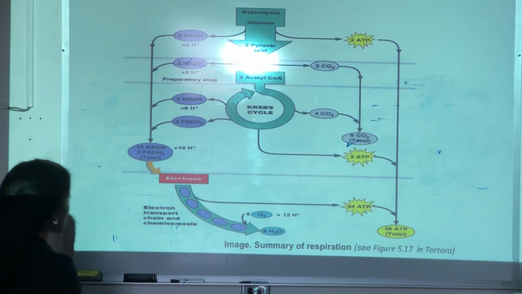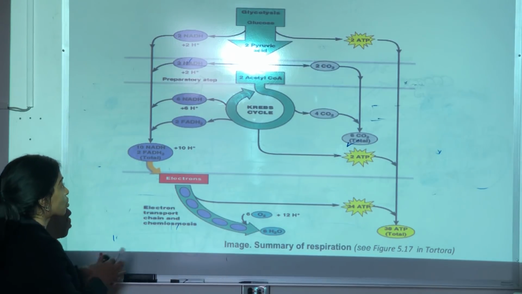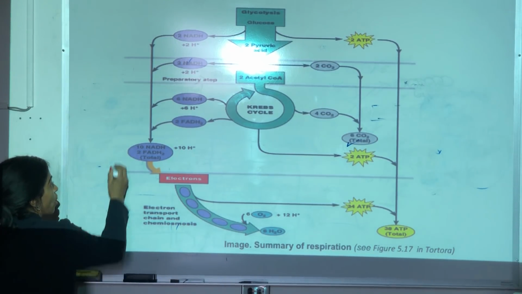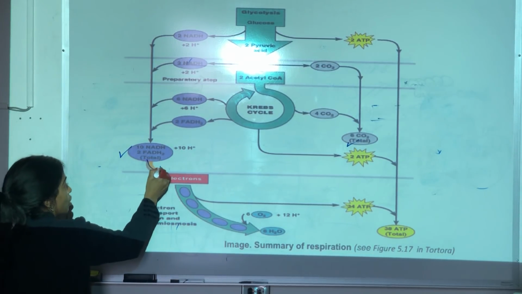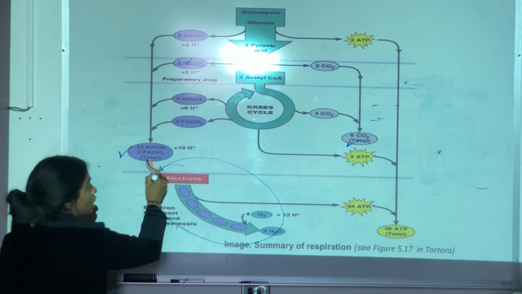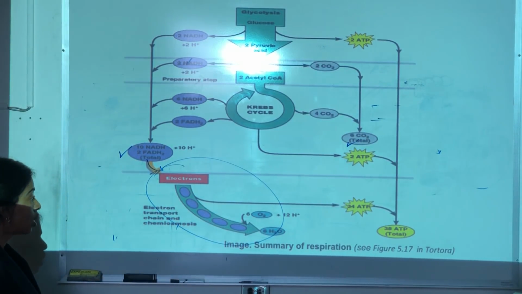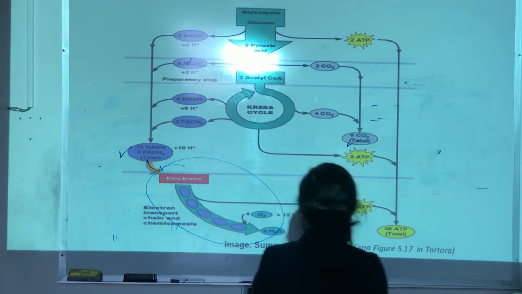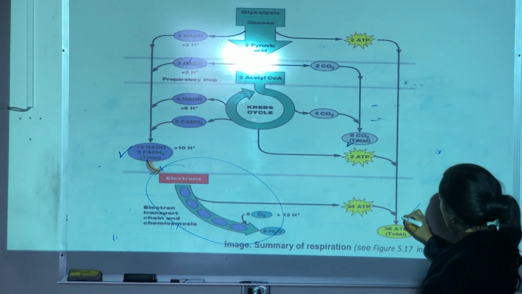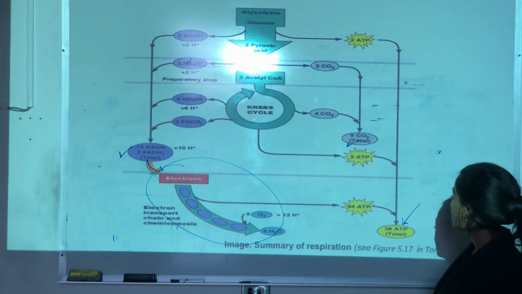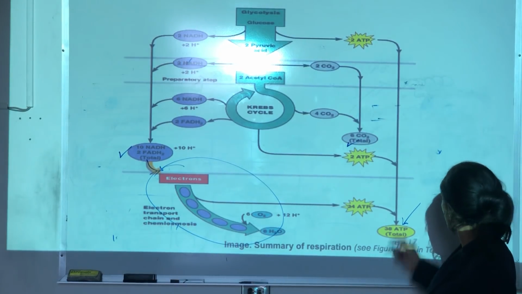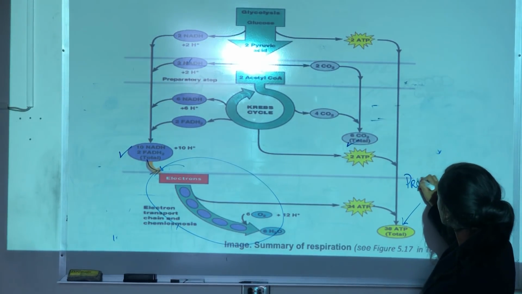Okay, so this is our summary, and you see it here again, right? I told you 10 NADH, 2 FADH2, and they're taken to your electron transport chain, which is here, right? So just to summarize, to look at this again, in total, the cell will make 38 ATP, and that's the maximum ATP for prokaryotes.